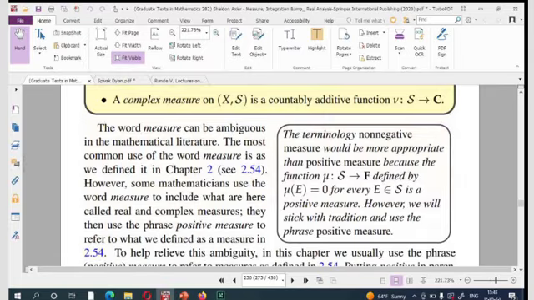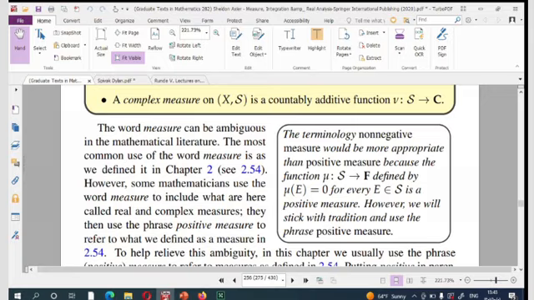The word measure can be ambiguous in the mathematical literature. The most common use of the word measure is as we define it in chapter 2.